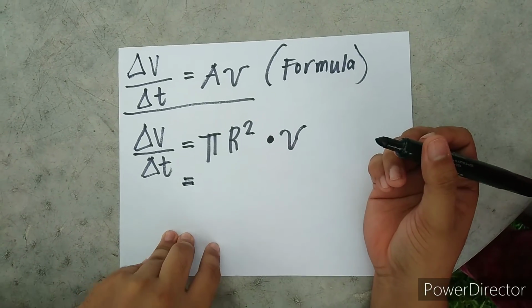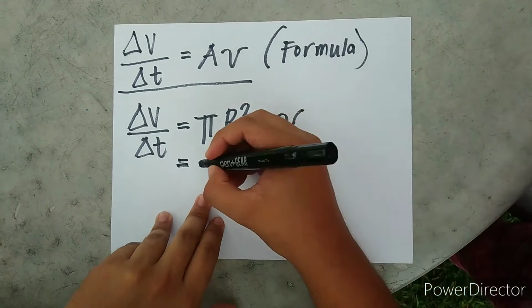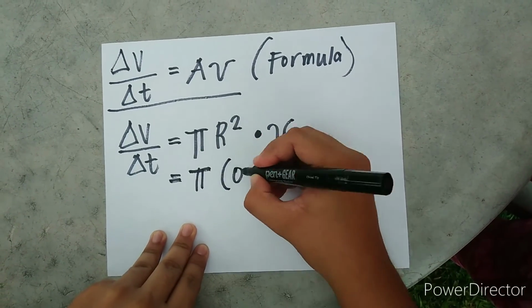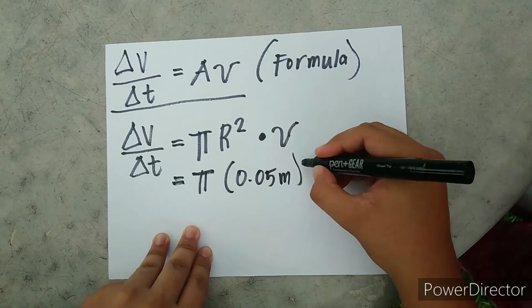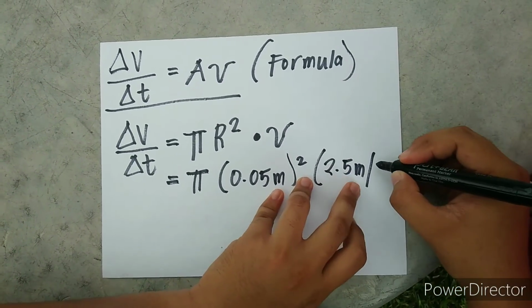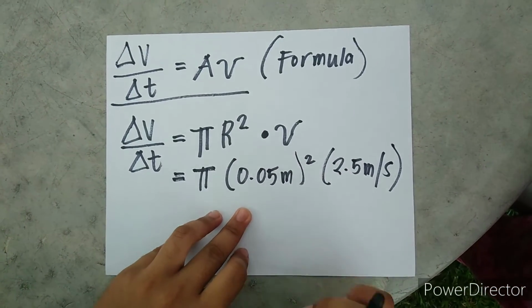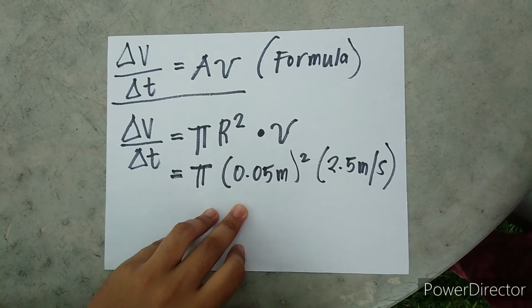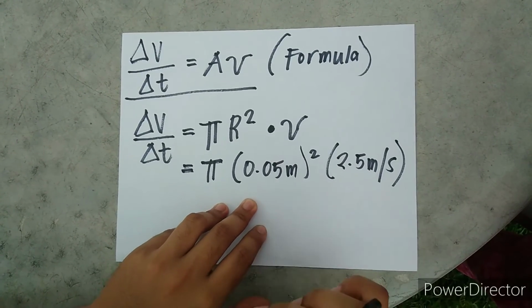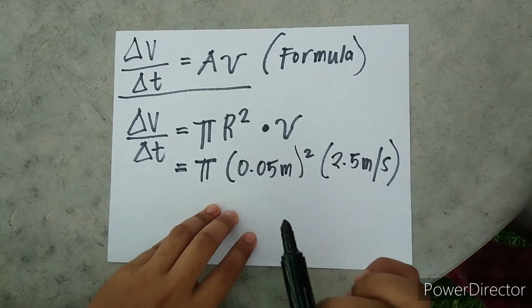We all know that pi is equivalent to 3.14. So what we're going to do right now is substitute: pi times 0.05 meters squared times 2.5 meters per second. You may wonder where the 0.05 meters came from. The radius of the circular pipe is 5 centimeters, so I converted 5 centimeters into meters, and that gives us 0.05 meters.